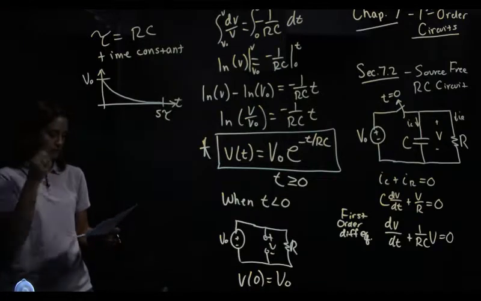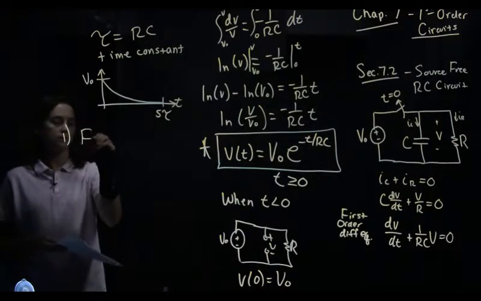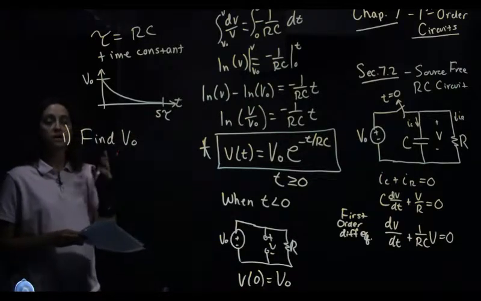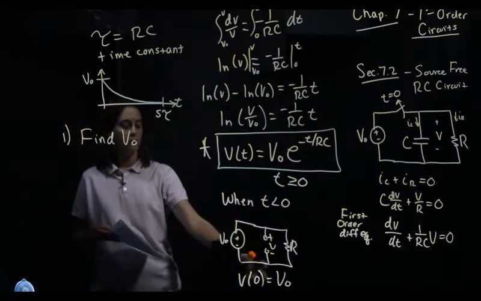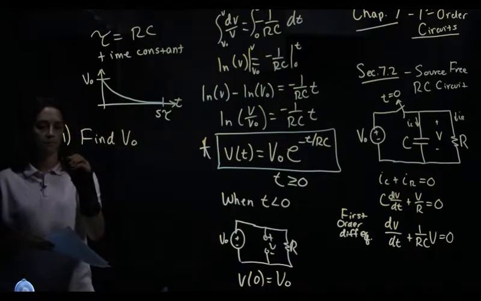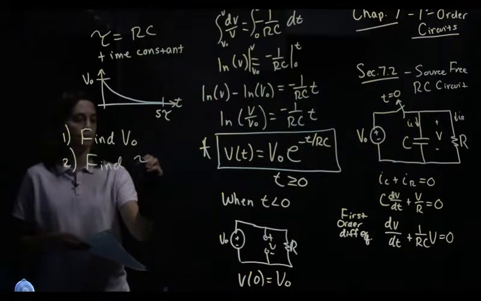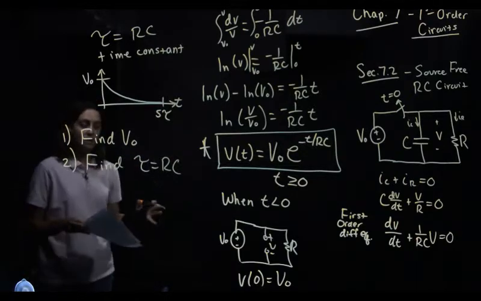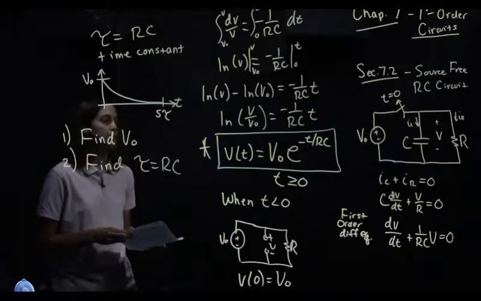So a few key points in how to solve these problems. The first one, you need to find your initial voltage. So the switch is closed. Assume the switch has been closed for a long time so that your capacitor looks like an open. Find your initial voltage. Second step is to find tau. Tau is simply equal to RC, but you may have a network of resistors that you need to put in series and parallel or whatever.